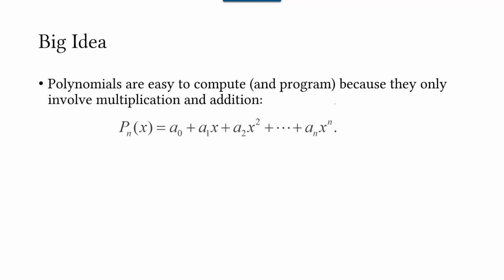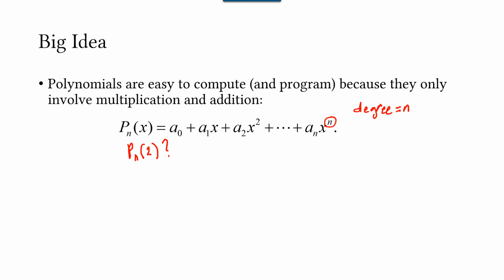So if you think about the formula for a general polynomial of degree n, just as a reminder, the highest exponent in the polynomial is called the degree. So if I wanted to find, say, P_n of 2, well, then that's really just a bunch of multiplying and adding.